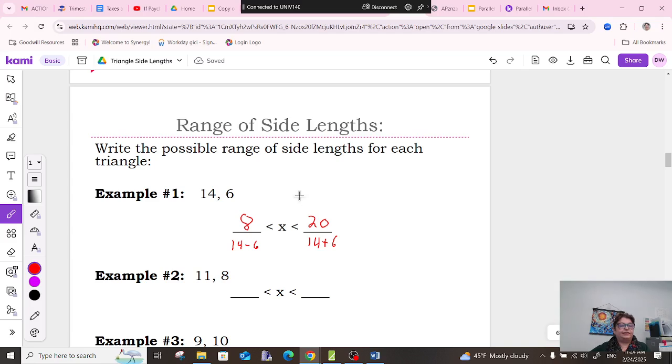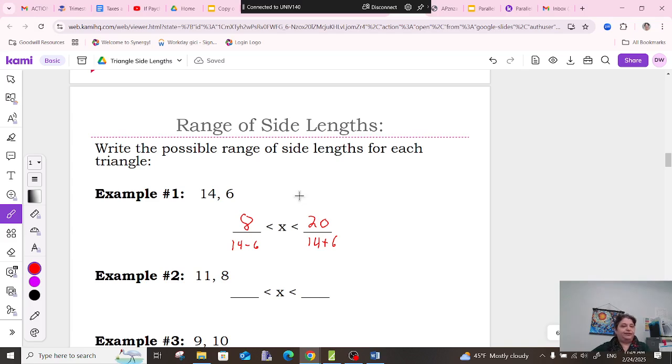So the length of that third side would have to be greater than 8, but less than 20. And make sure you know how to write it like this. I've seen some weird ways people write it. You put an X in the middle, right? And then 2 less-than signs. You put the smaller number here and the larger number there.